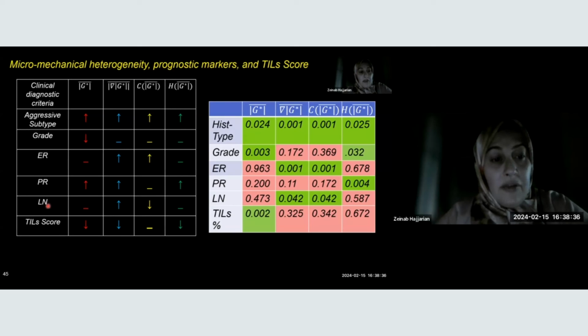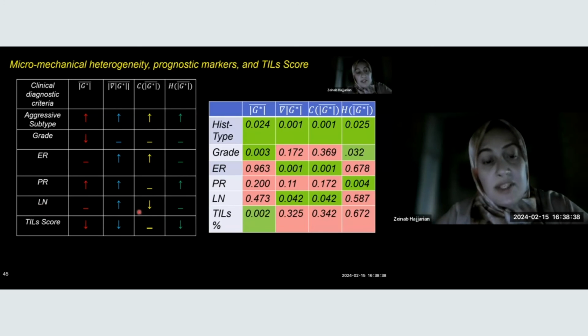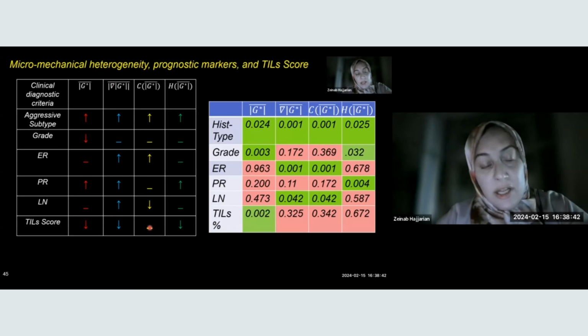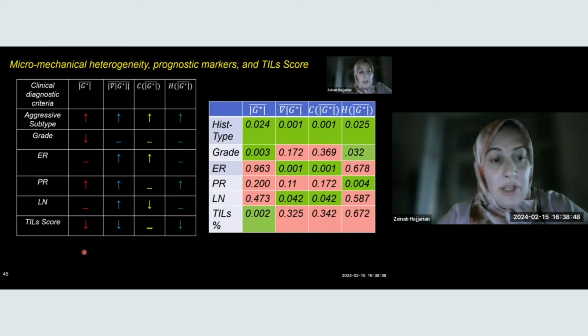And then lymph node status seemed to be correlated with the gradient of stiffness, but then inversely correlated with the gradient. On the other hand, TILs score was correlated with reduction in the shear modulus, reduction in the gradient, and reduction in the entropy, which might mean that if the tumor has a lower gradient, it allows tumor infiltrating lymphocytes to better infiltrate the tumor microenvironment.